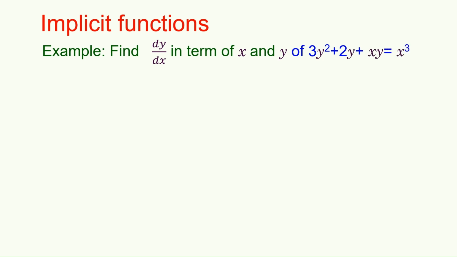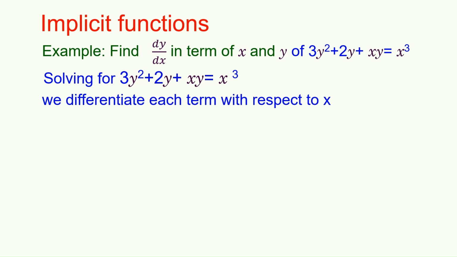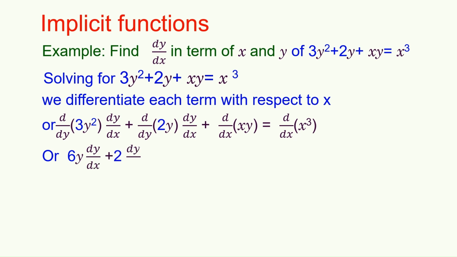Example: find dy/dx in terms of x and y of 3y squared plus 2y plus xy equals x cubed. We differentiate each term with respect to x: d/dy of 3y squared times dy/dx plus d/dy of 2y times dy/dx plus d/dx of xy equals d/dx of x cubed.